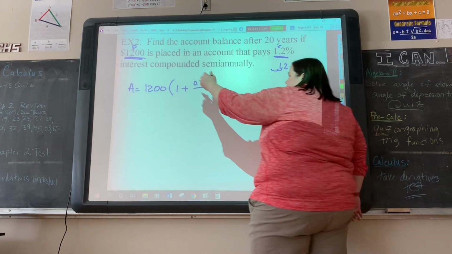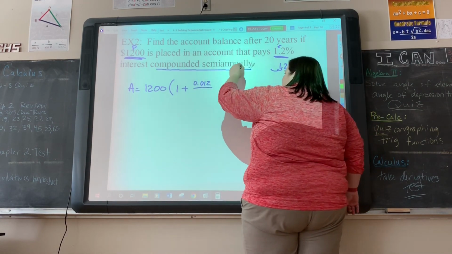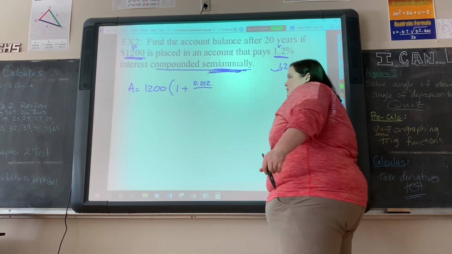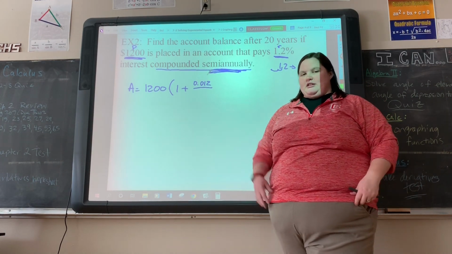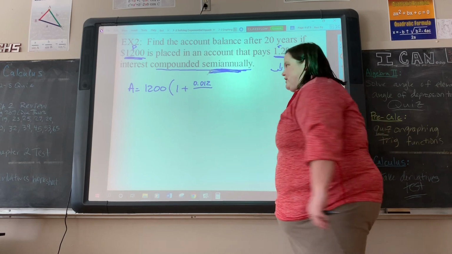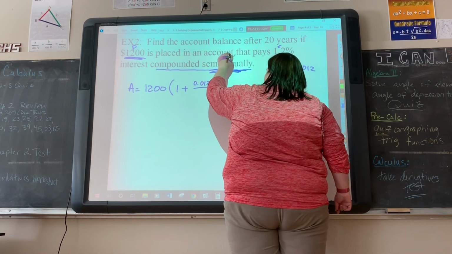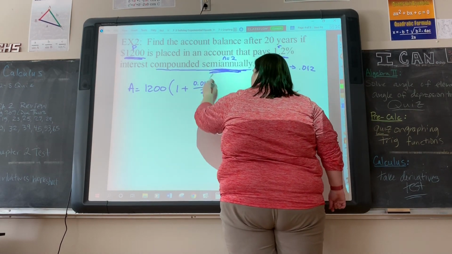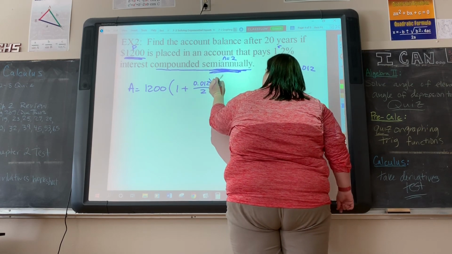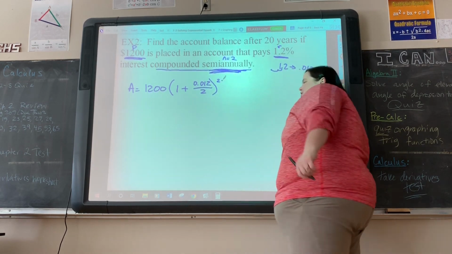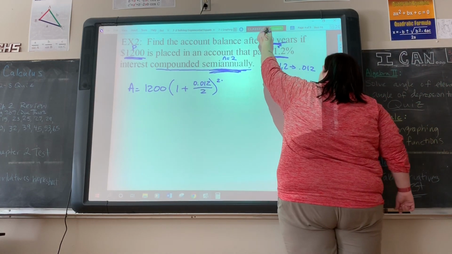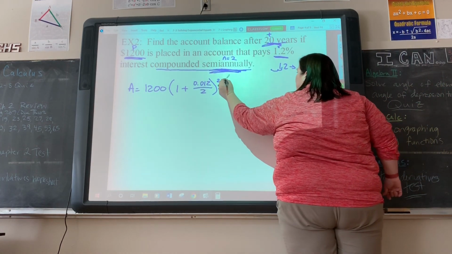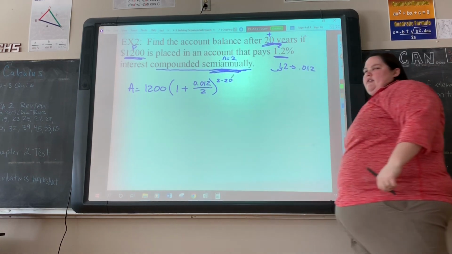And that's right here, our phrase compounded semi-annually. So semi-annually, N would be 2. Again, semi-annual, you get this twice a year. So we're dividing that into 2. And then we use 2 again. We take it 2 times our years. Here our years is 20. And we have everything set.